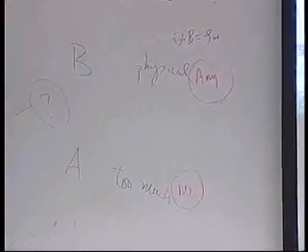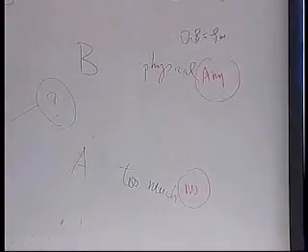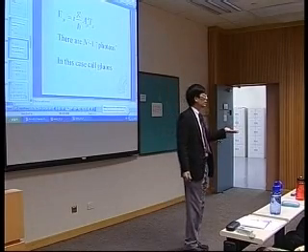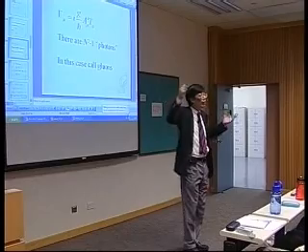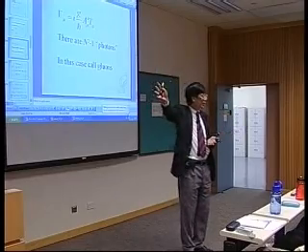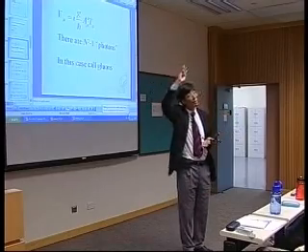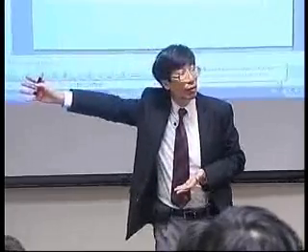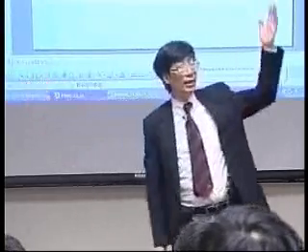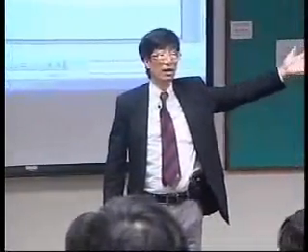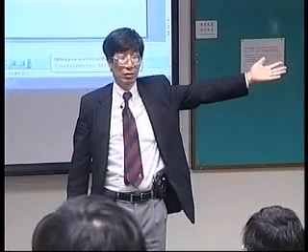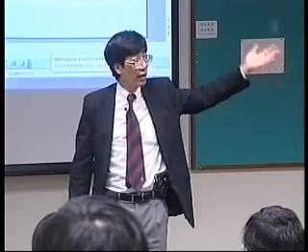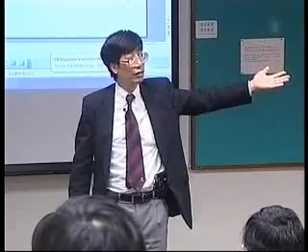Because if A is physical, B is curl A, then divergence B must be 0. Right? Do you understand? The 2 extremes. If you believe only B is physical, all you ever have to talk about is B, then any magnetic monopole is allowed. If you believe A is physical, then no monopole is allowed. Because B is curl A, and therefore divergence B is 0.